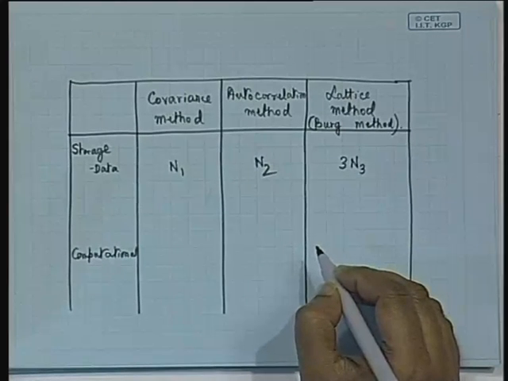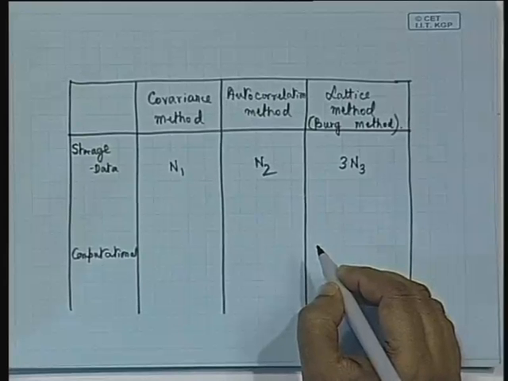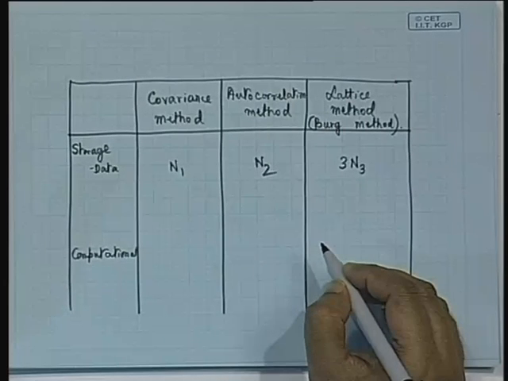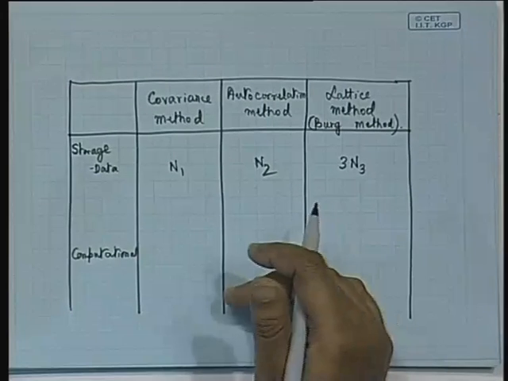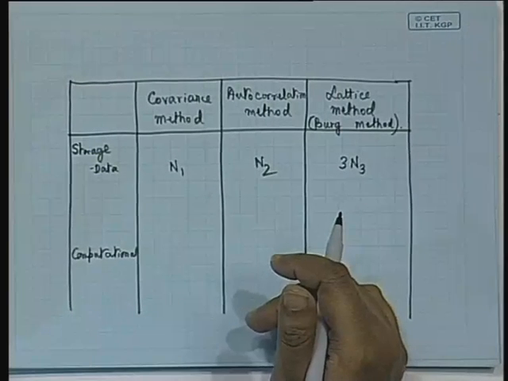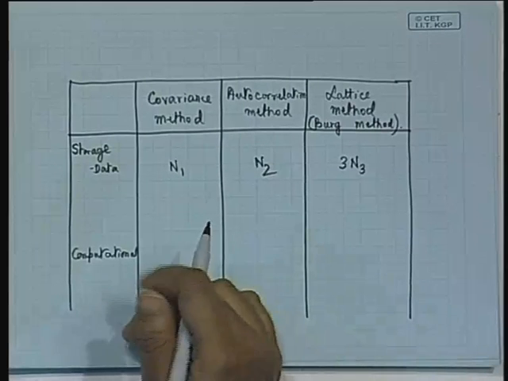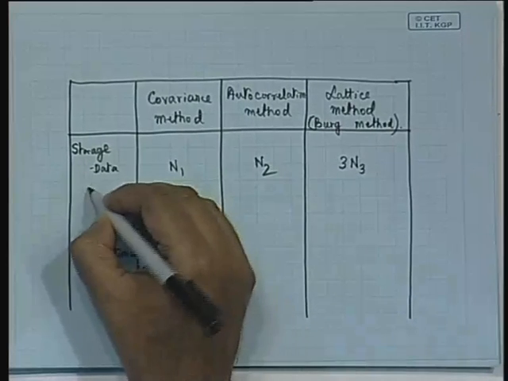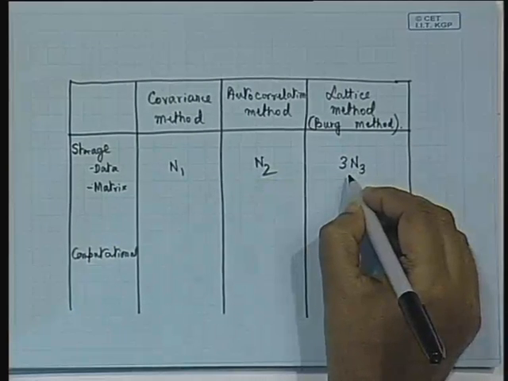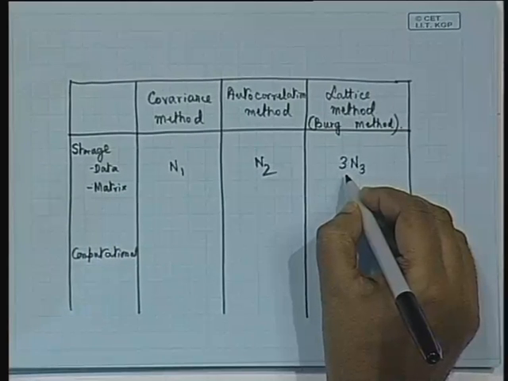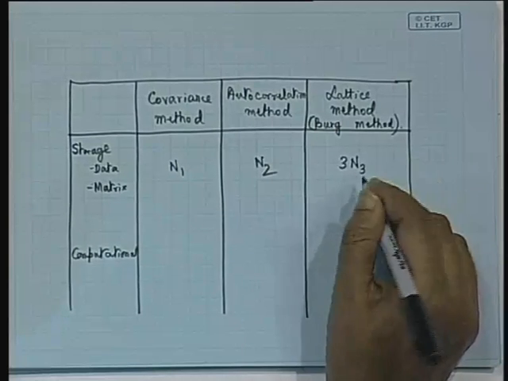And do you know why it is 3 times N3? Because we also need to have the errors stored. So here it is 3 times N3, because you have to store the data, you have to store the forward errors, you have to store the backward errors.